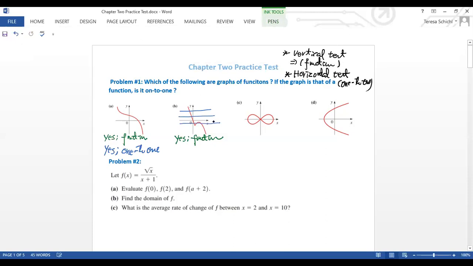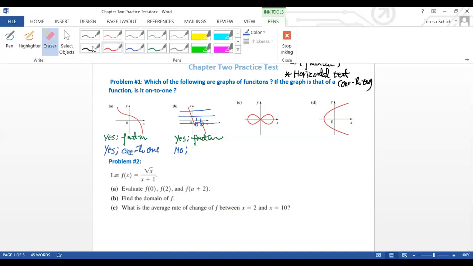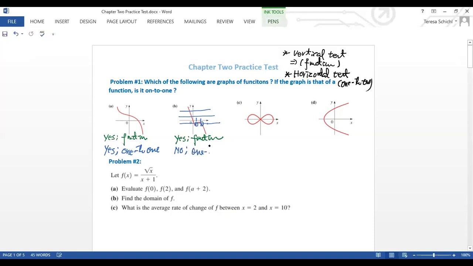But in here, you touch the graph at two points, more than one point. That means both of those x values will give the same y value. So we say no. This is a function, but it's not one-to-one, because this line touches the graph in two places.